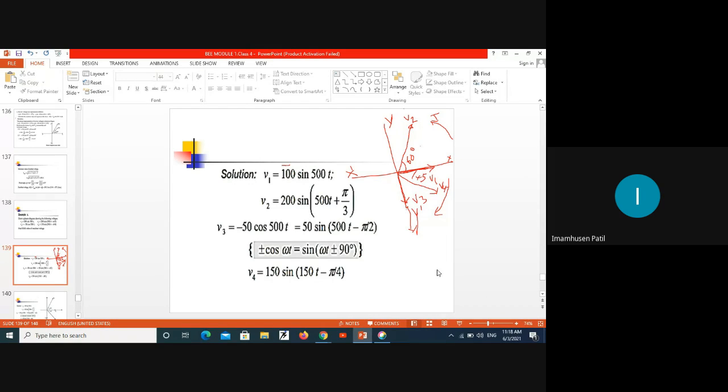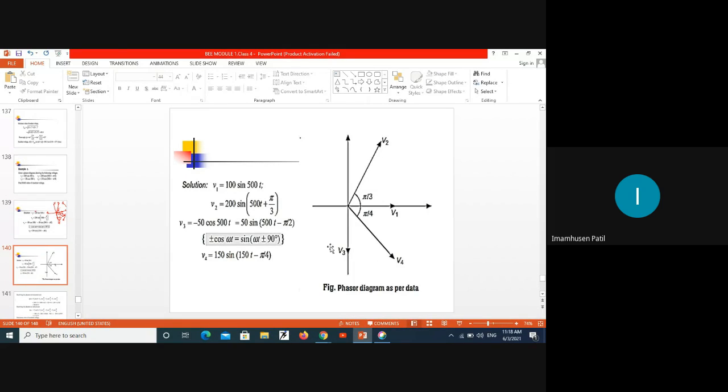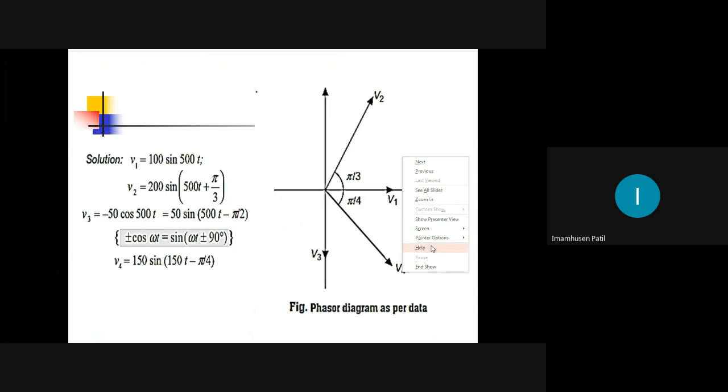Then what about V2? V2 is this. This is Y, X dash X. Its vertical component is V2 sine 60 degree.